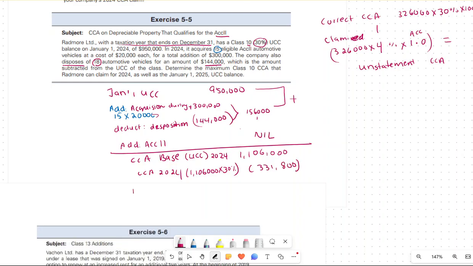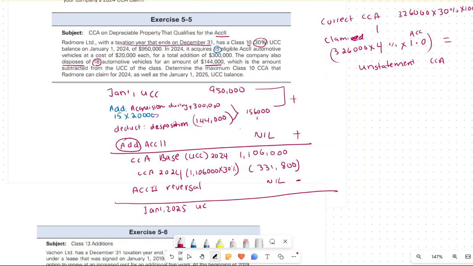And then here we add and here we subtract our accelerated investment, and we call this a reversal. If I didn't add anything, I'm not going to be subtracting anything, so this will also be nil. So what happens is then I have something called January 1st, 2025.